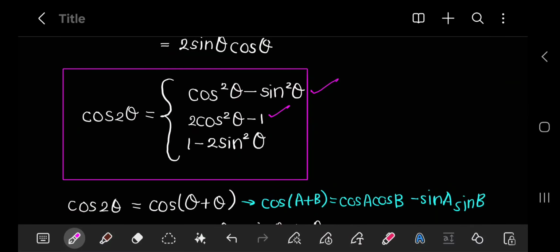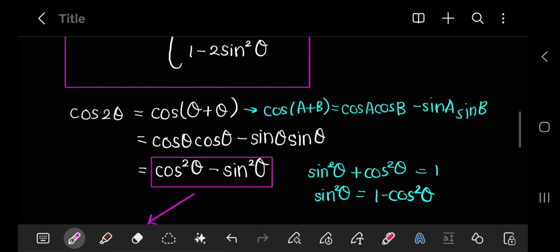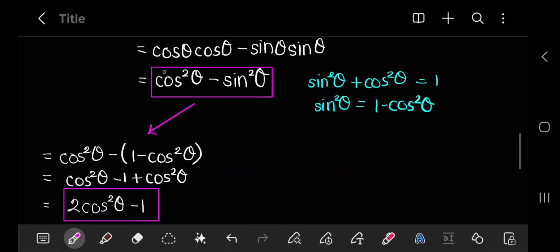So what if instead of the first two, they had asked you to prove that cos 2 theta is 1 minus 2 sine squared theta instead? So let's see how we would do that. We would still need to get to this point where we have cos squared theta minus sine squared theta. But from there, we're going to go in a slightly different direction. We are still going to make use of this identity, but now we want to make cos squared theta the subject.